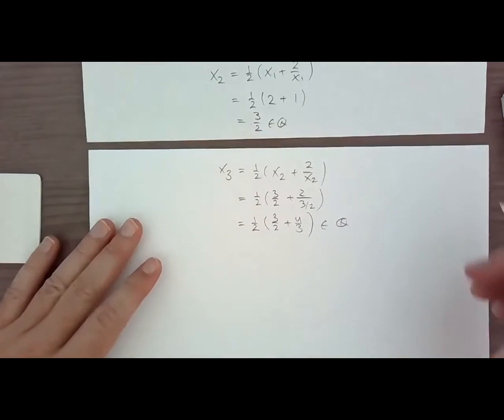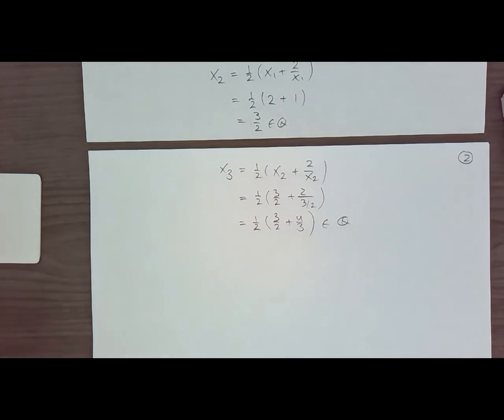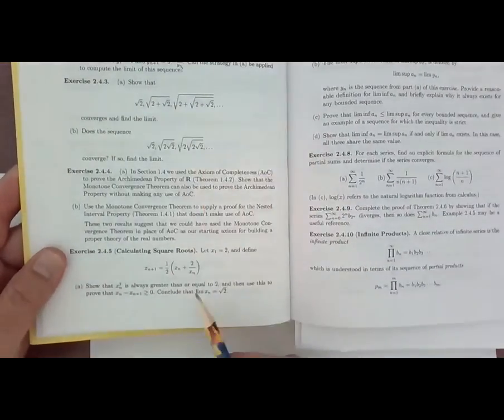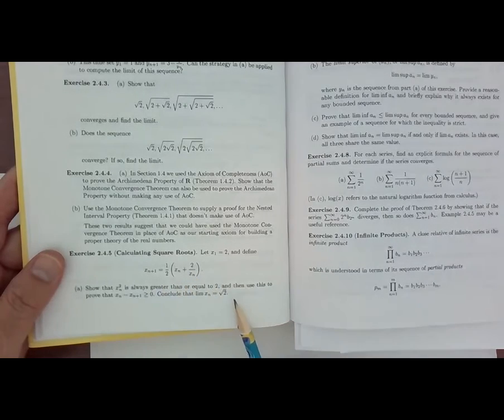And so the exercise says compute this limit. We have to establish that there is a limit, and then compute what the limit is. It says calculating square roots, so the limiting object is going to be square root of 2.